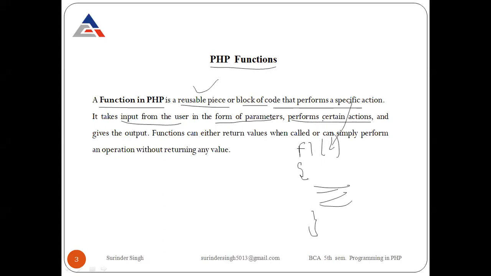It performs certain actions and gives the output. After executing all the statements, it produces some result. A function can either return values when called or can simply perform an operation without returning any value. And what is a return value? At the end of the function, we have some value to return back to where it is called.